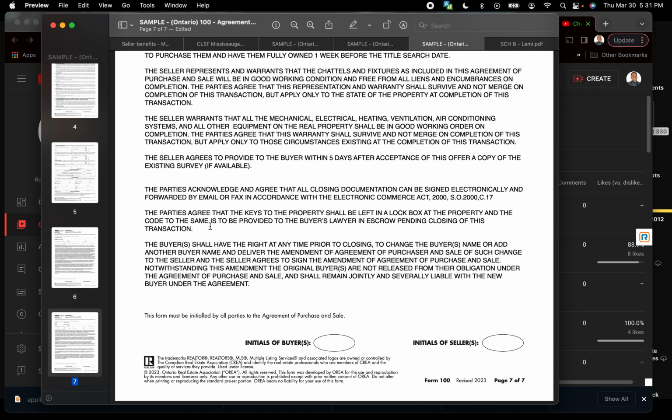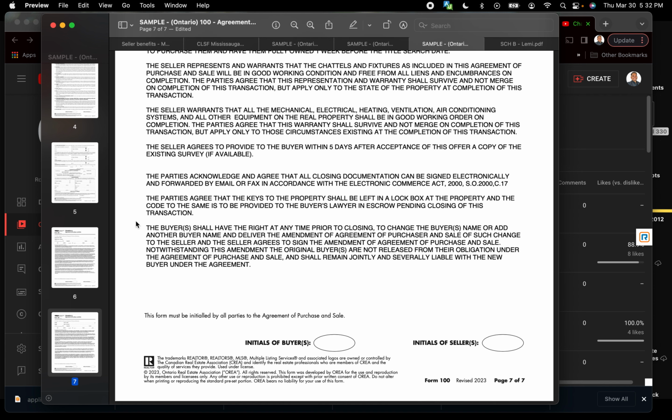So what this means is that if the keys are not going to be exchanged in person via lawyers, they provide a lockbox to us, and at the time of closing, when it's considered completed, they would give you the code to the lockbox.